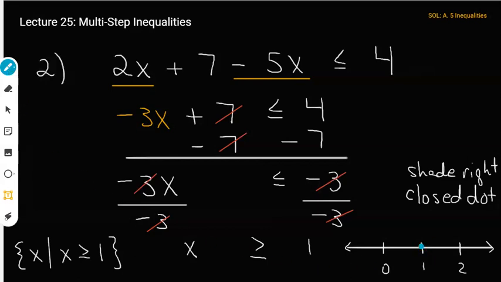I'm going to put a closed dot on the +1. That means I'm going to have to shade this dot in because it's closed. That means I'm including this 1 in my answer. And then I have to shade to the right because this arrow is pointing rightwards. So I'm going to shade to the right.